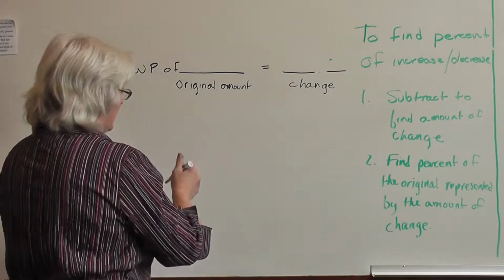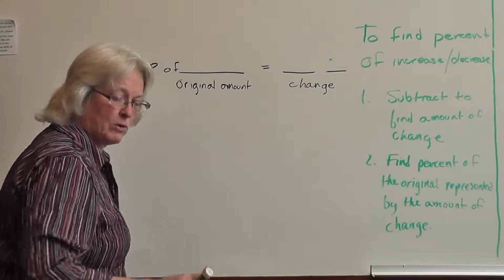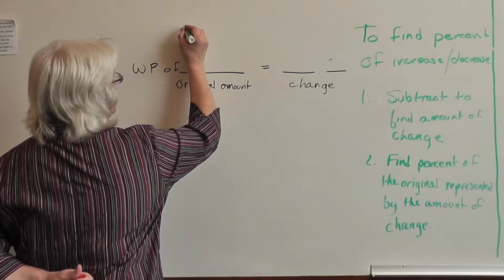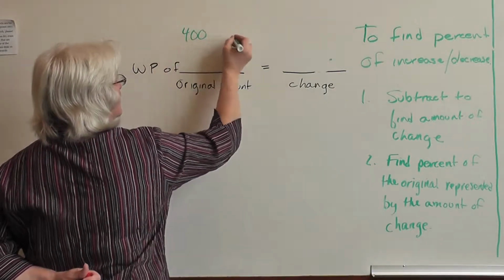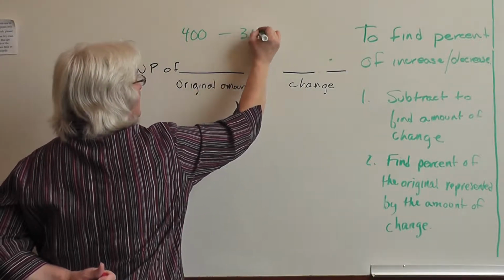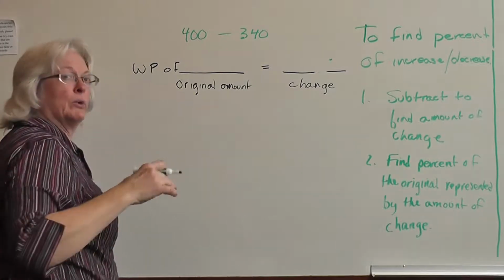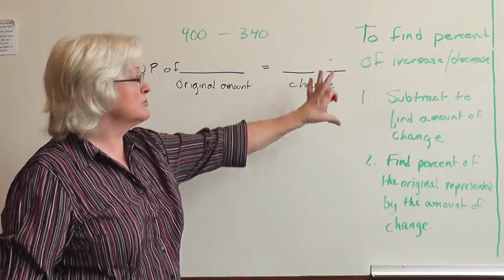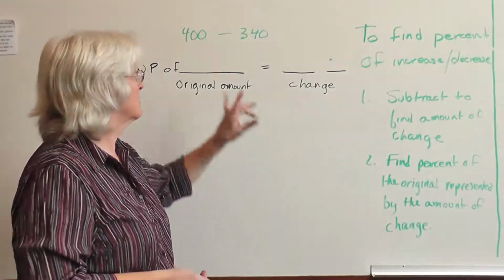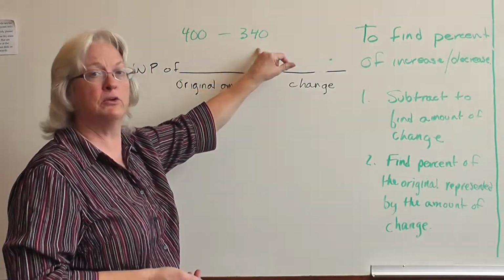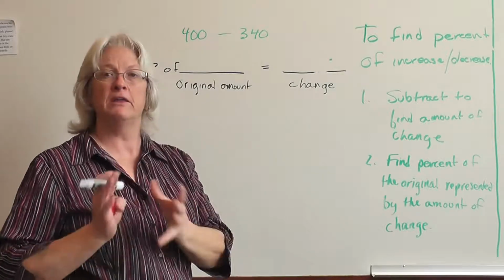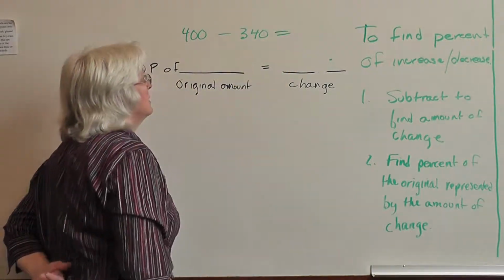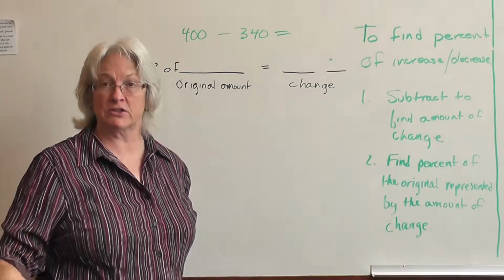The original amount was $400. The new amount was $340. How are we going to find our percentage of increase or decrease? Our rules tell us first we're going to subtract the original amount and the new amount to find the amount of that change, and we're going to know if it's an increase or decrease. What is 400 minus 340?